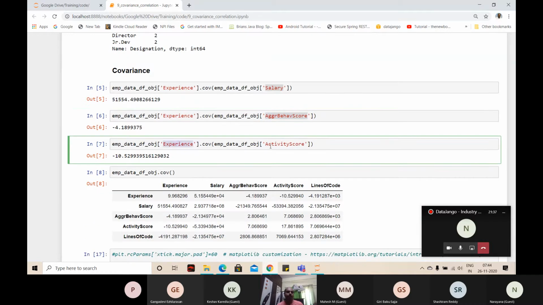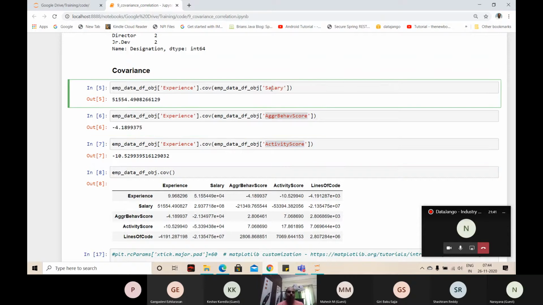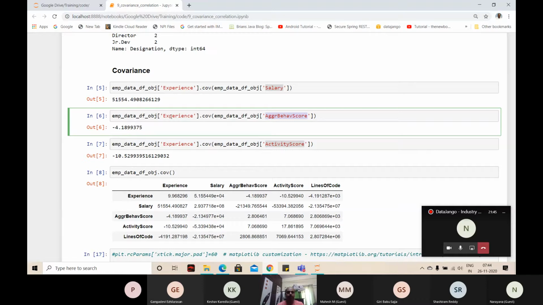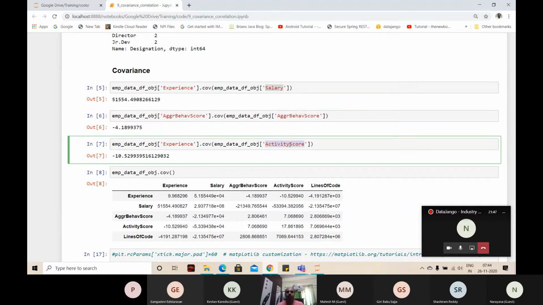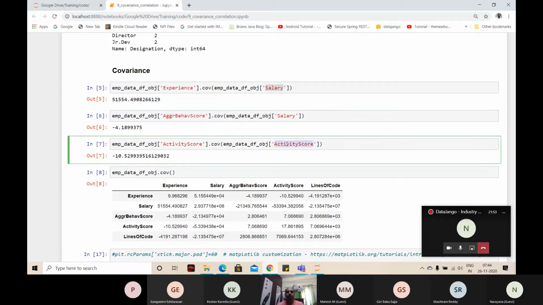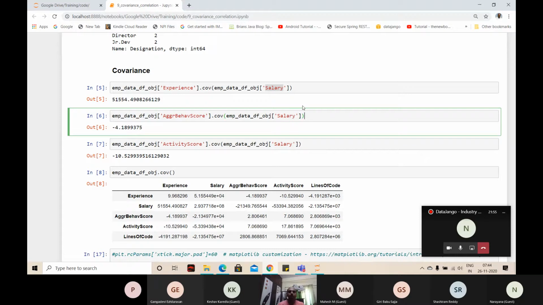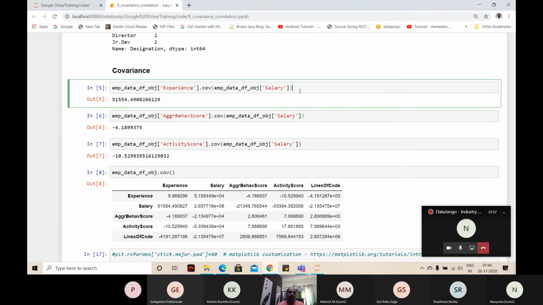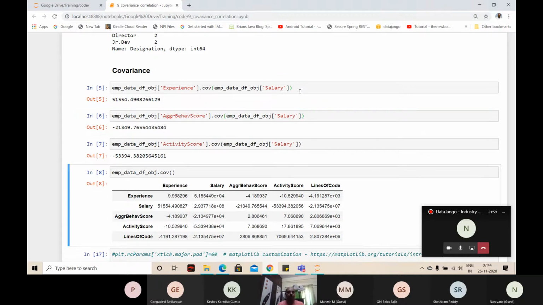Experience and aggressive behavior. Experience and activity score. Or I can do it between salary and the others. How good the aggressive behavior score is. See that?